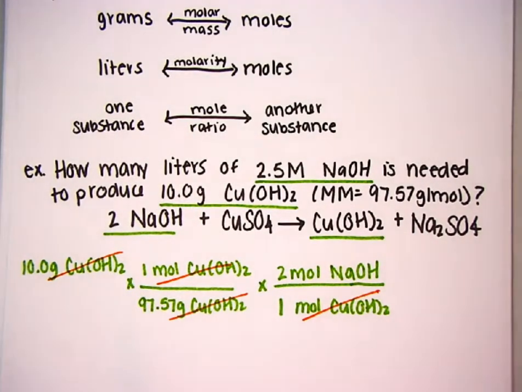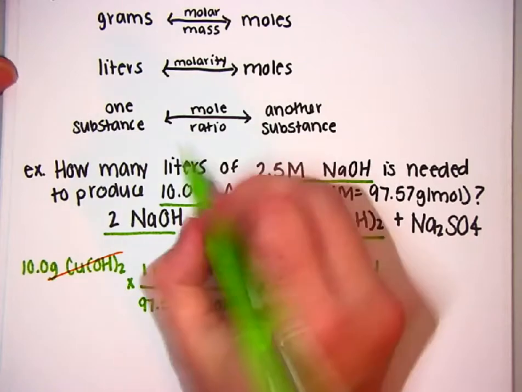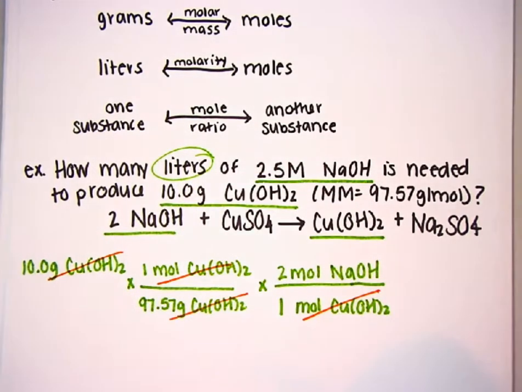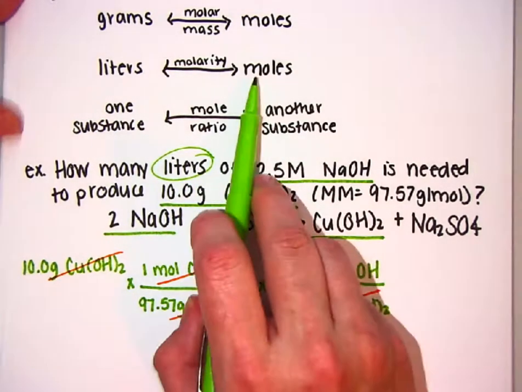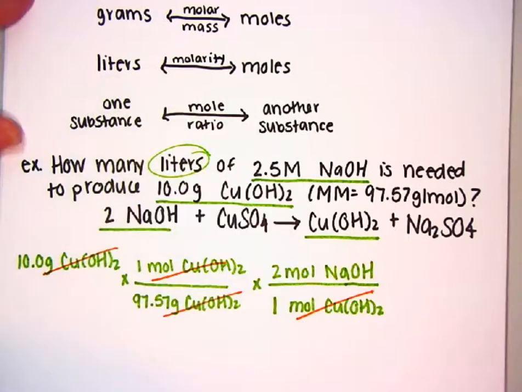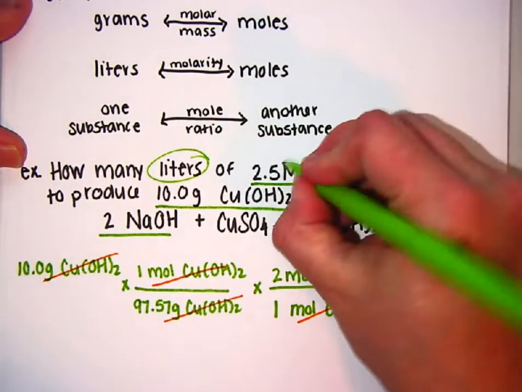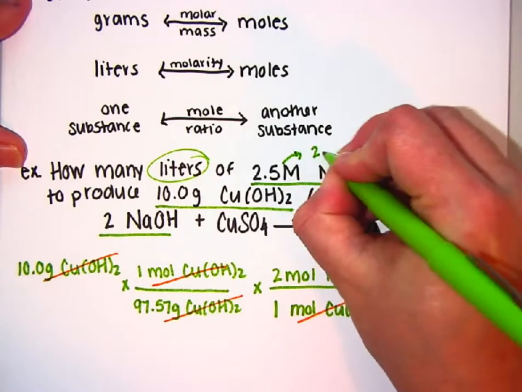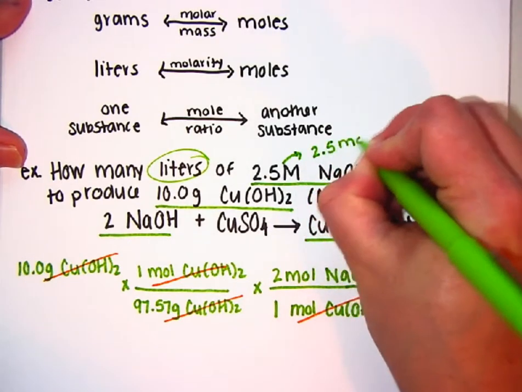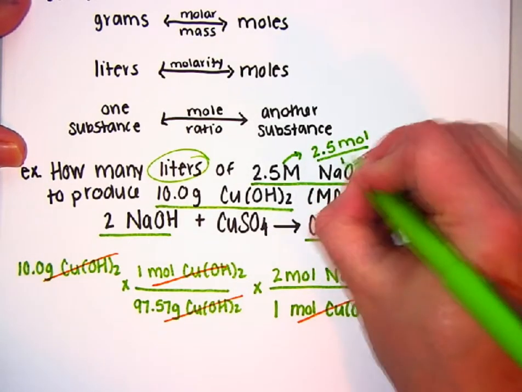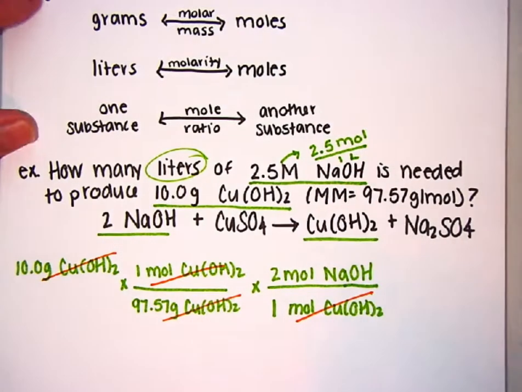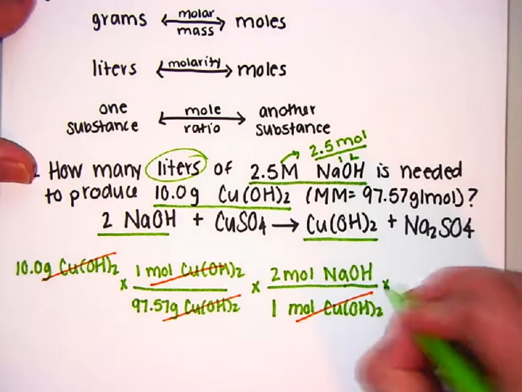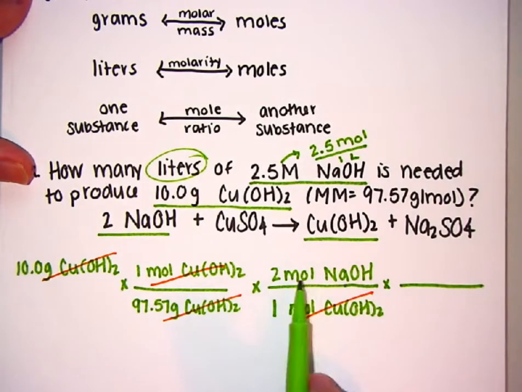Alright, so now I'm at moles of sodium hydroxide. I want to get to liters of sodium hydroxide. Going from moles to liters, I'm going to plug in the molarity. A 2.5 molar solution means I have 2.5 moles per every 1 liter of solution. So think about how we're going to set up our conversion factor.